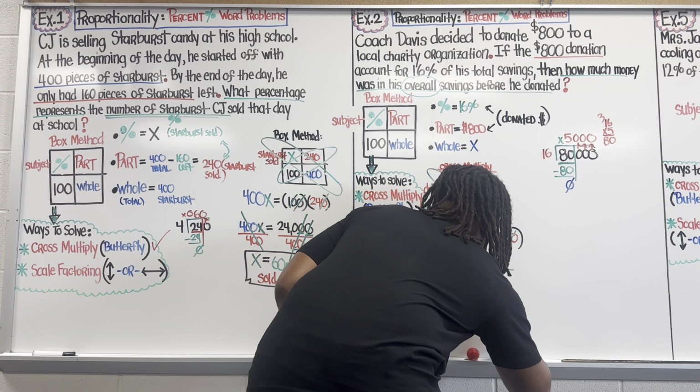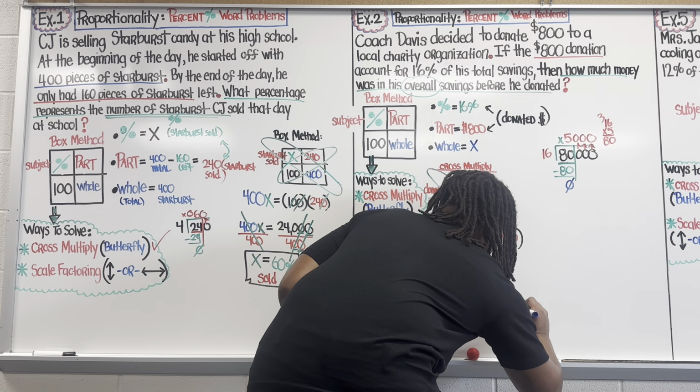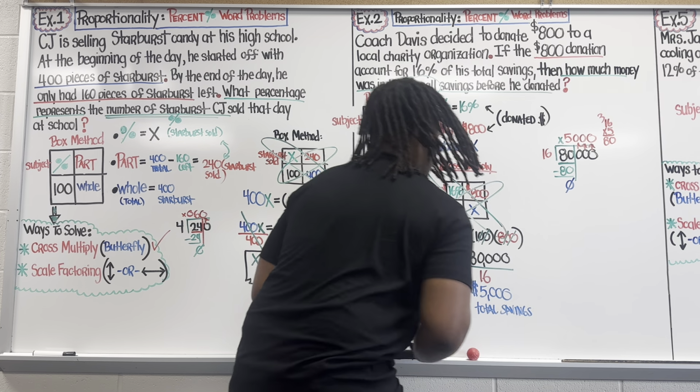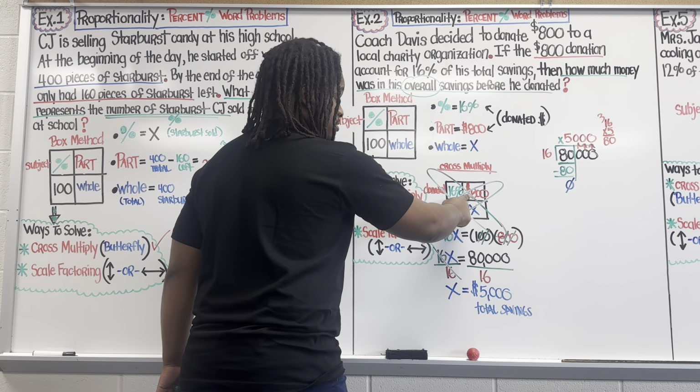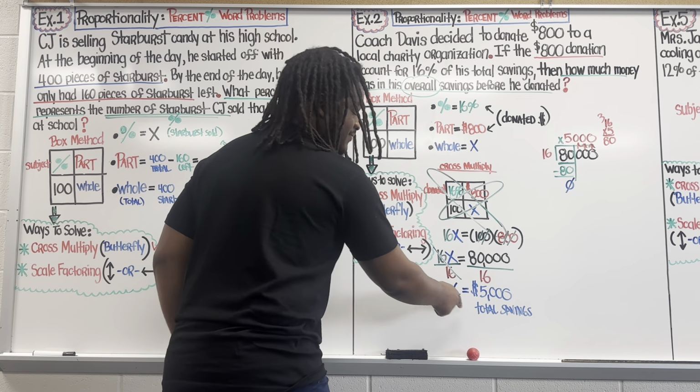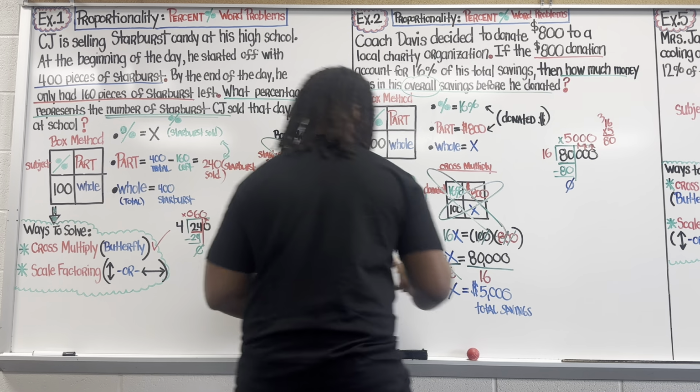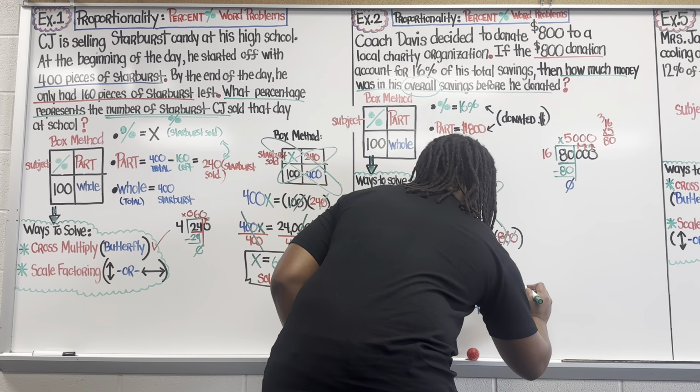Total savings. That was his total savings, guys, which is the whole. He had $5,000, right? And $800 is 16% of 5,000, right? So that is what we're going to have.